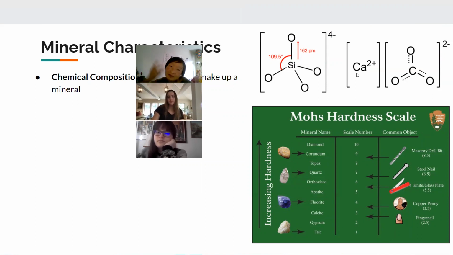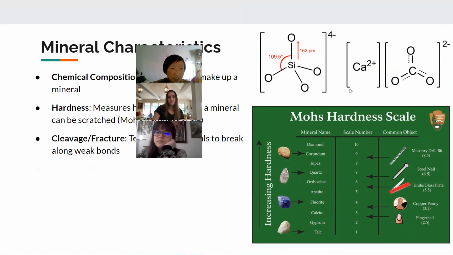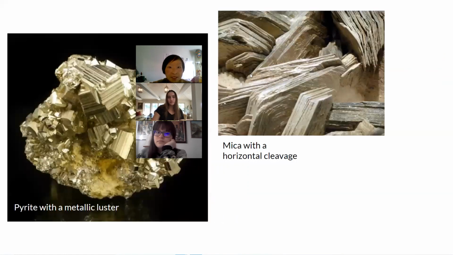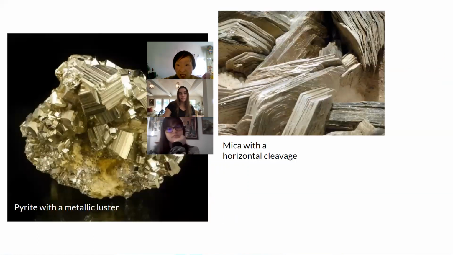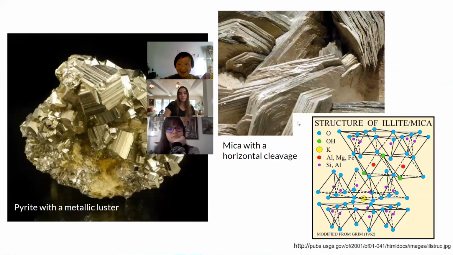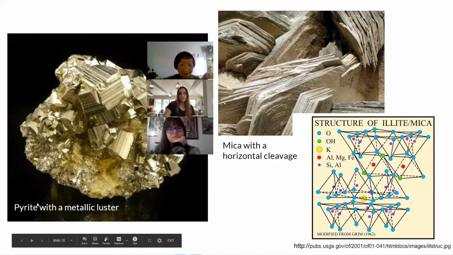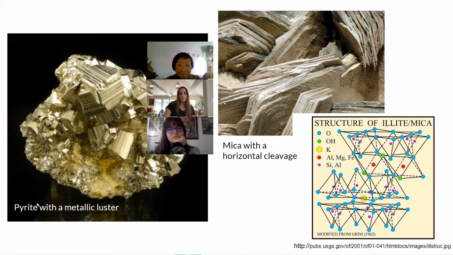But if you have a different texture, like this mica, where you assemble different chemical elements in layers, or this pyrite, you will have different minerals with different chemical composition and also different structure.